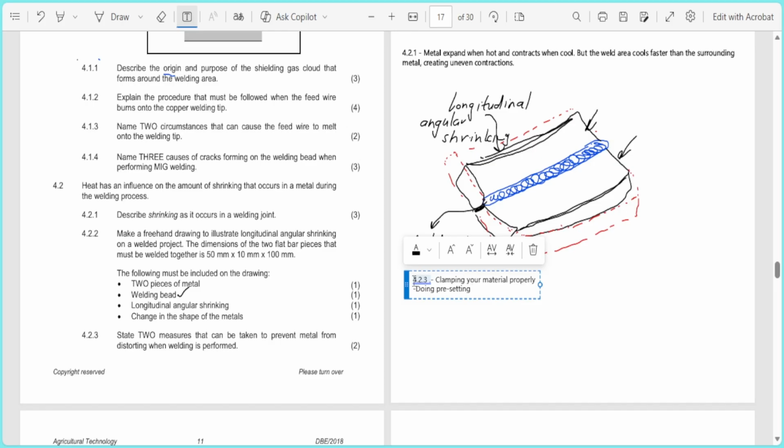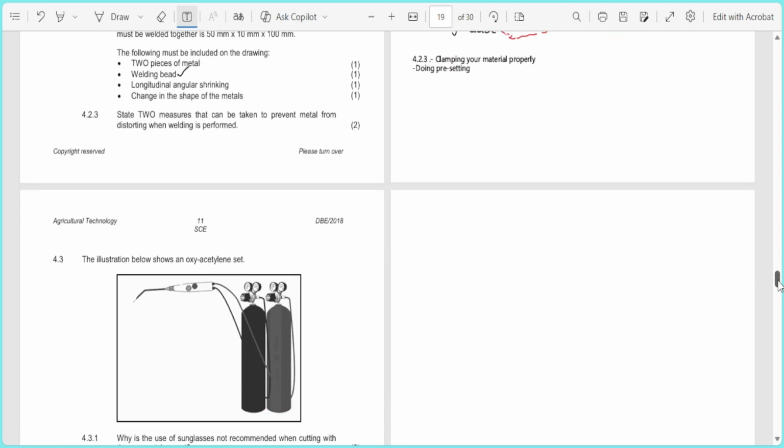Get everything in position first, and achieve the rest of the things I've listed, then you start welding. You need to set your equipment and the position of the material you are trying to weld. Then you won't have that distortion when welding.